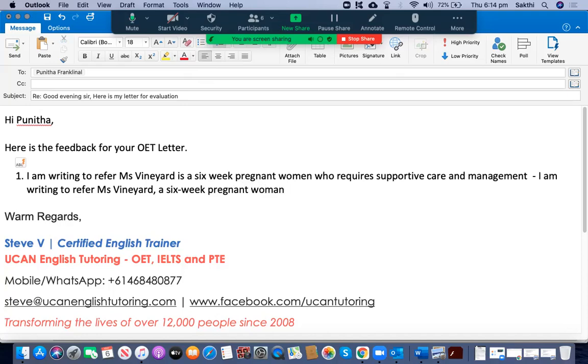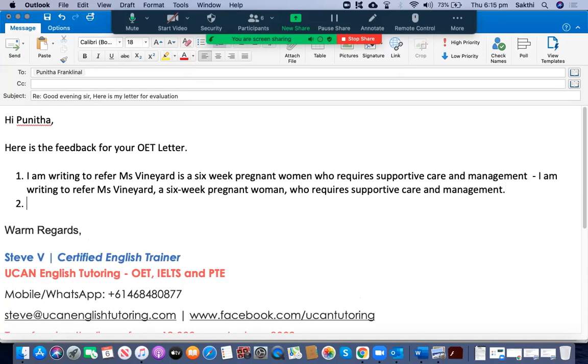It's not WOMEN. It is WOMAN. The one you have written is incorrect. A 6-week pregnant woman, comma, who requires supportive care and management. This is good. This is how you should have written the sentence structure.